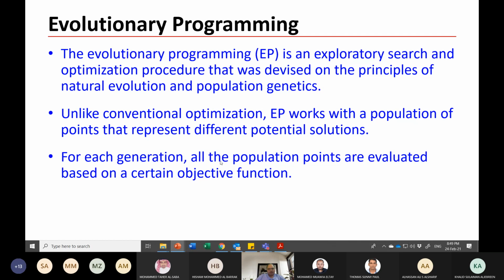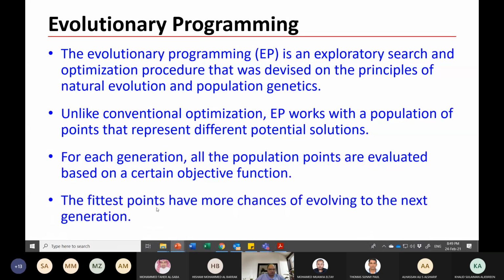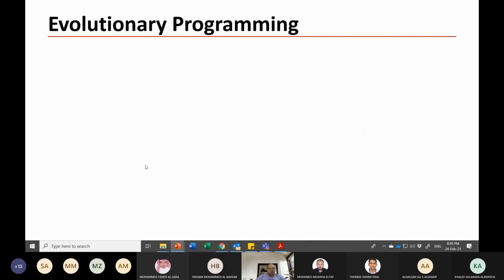For each generation, all the population points are evaluated based on a certain objective function. The fittest points have more chances of evolving into the next generation. This is usually the case also.